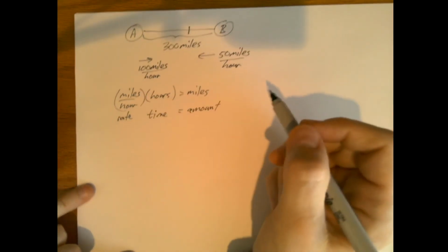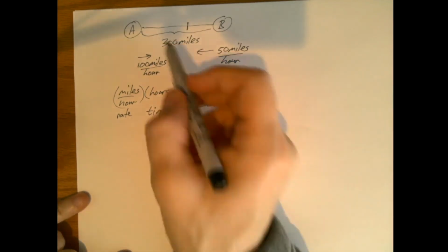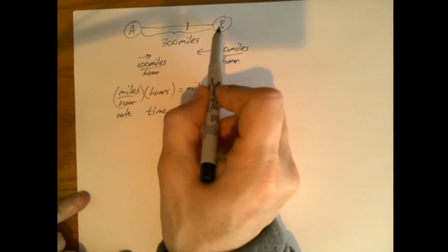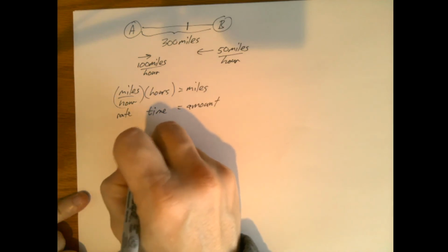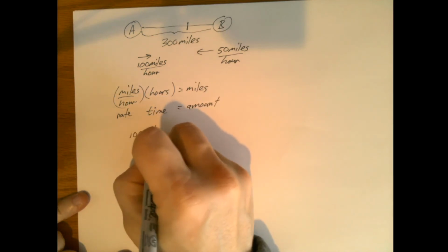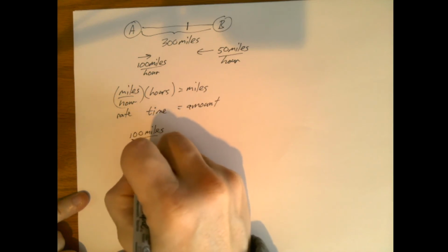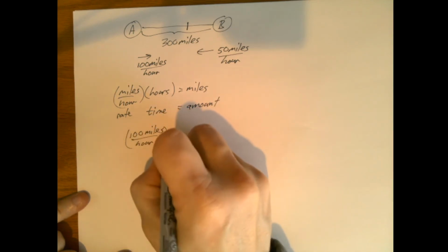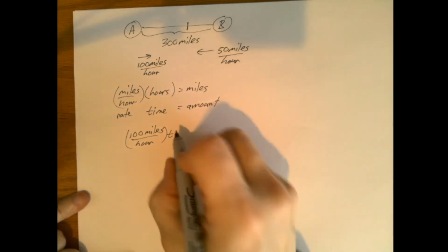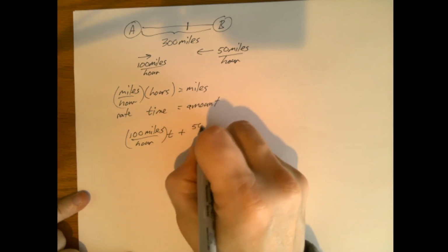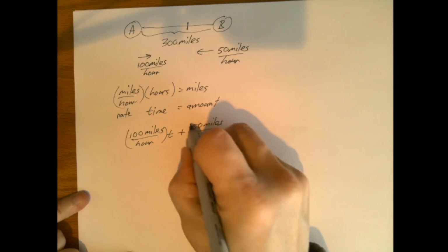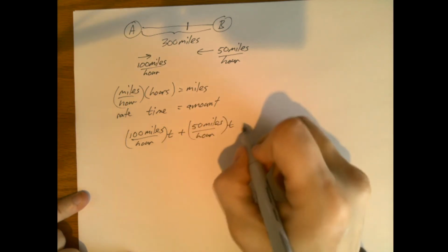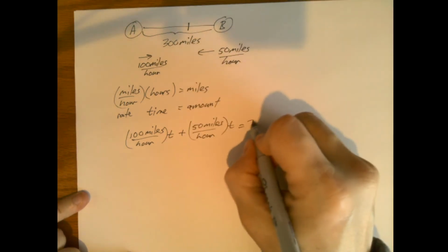So the problem is basically the same. If we assume they both start at the same time, then we can just say this: 100 miles per hour times the time in hours plus 50 miles per hour times the time in hours is equal to 300 miles.